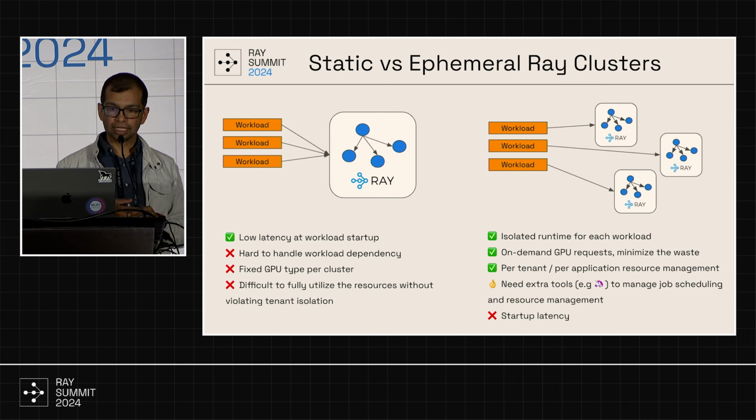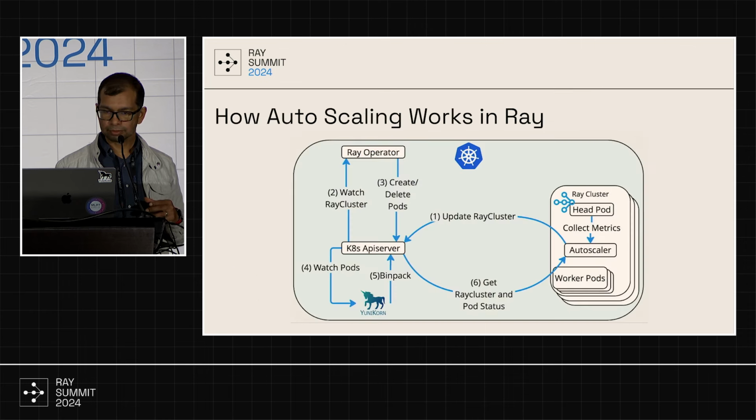The way Ray's Autoscaler works is it watches the metrics of the workers and patches the CRDs based on that.